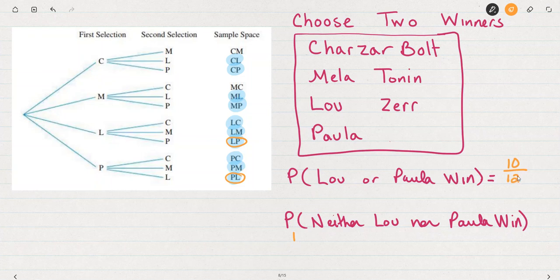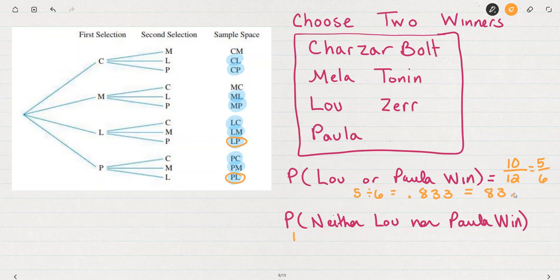So there's a pretty good chance that if Lou and Paula are brother and sister, that someone from their family will win, right? 10 in 12 chance. If we reduce that, 2 goes into 10, 5 times, 2 goes into 12, 6 times. So 5 out of 6. If I do 5 divided by 6, I get 0.83 repeating.